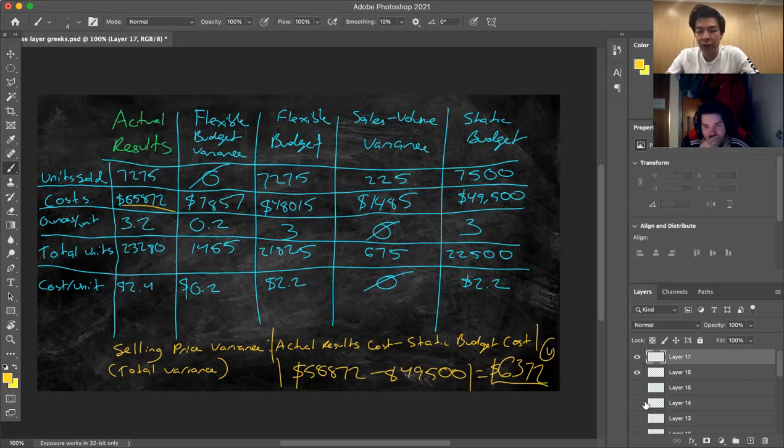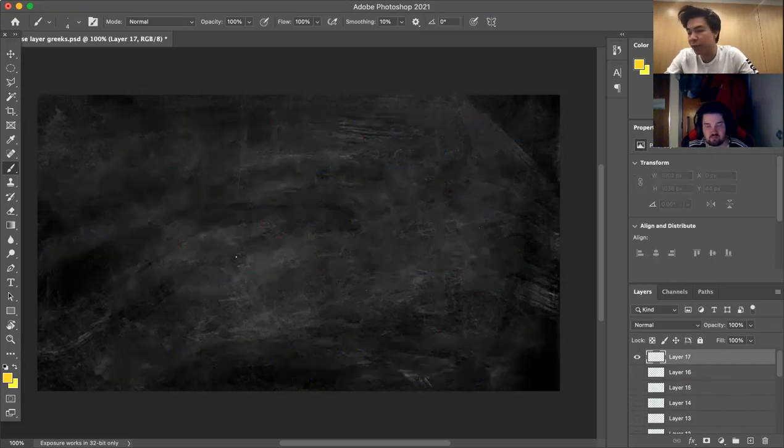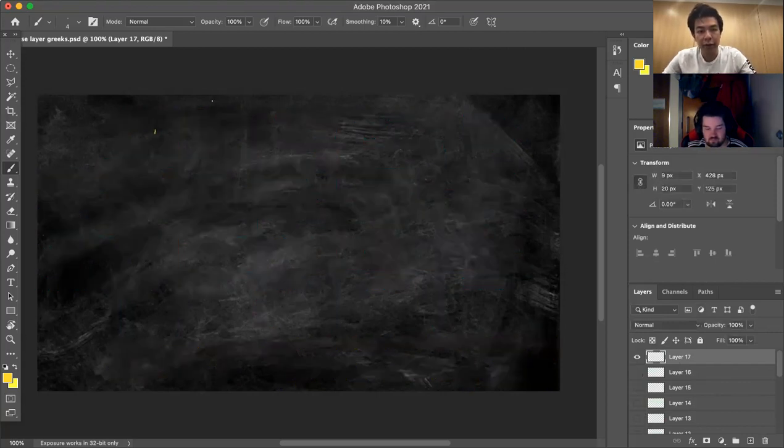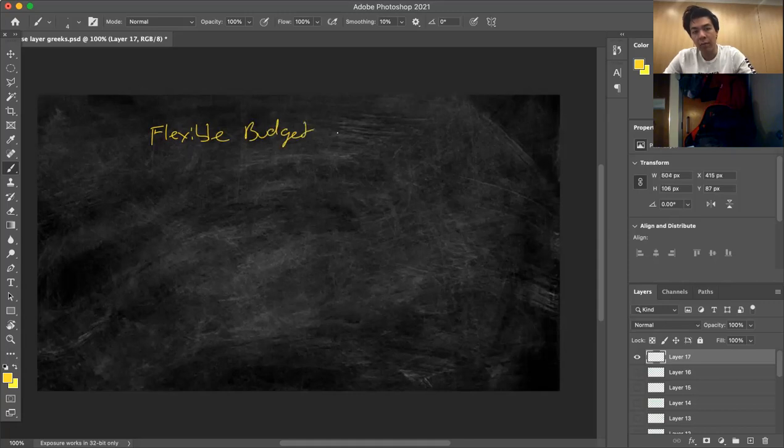Awesome. So now we are going to do the sales volume variance. I'm just going to hide this chart because it's too big right now for my paper. For the sales volume variance, the equation is flexible budget minus static budget.